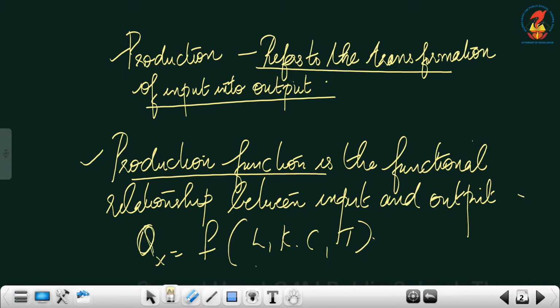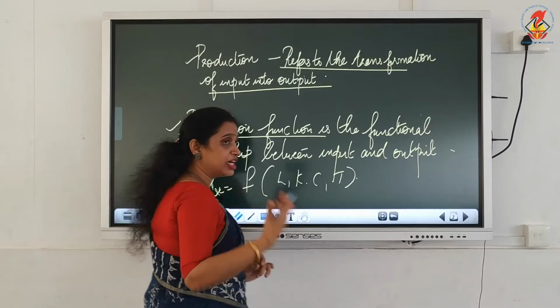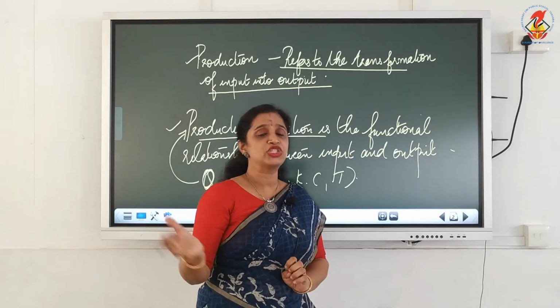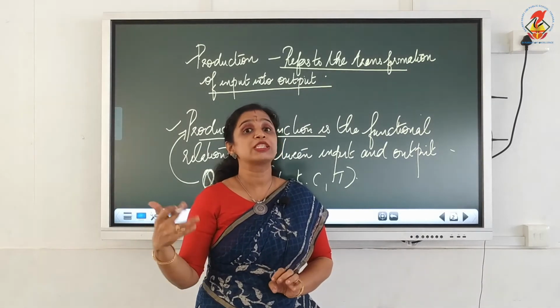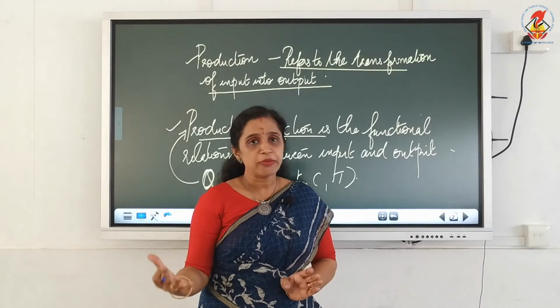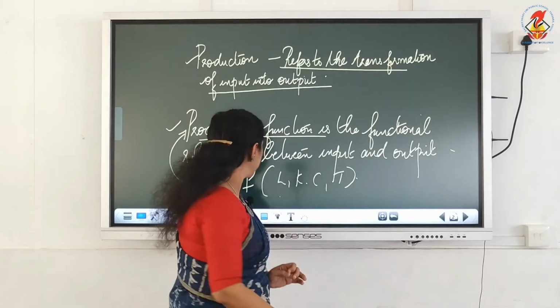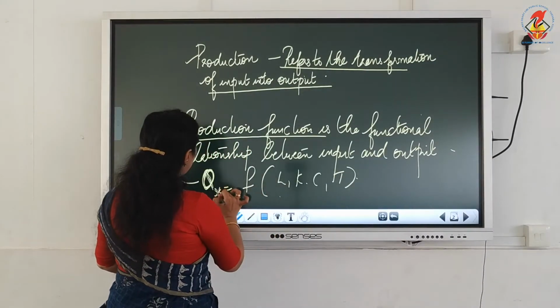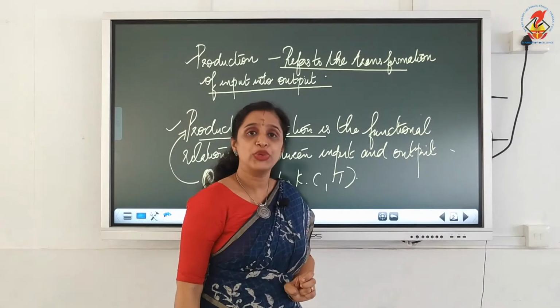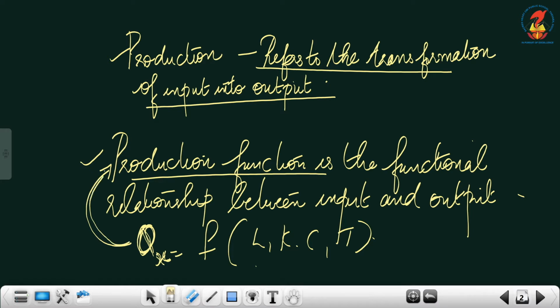Production Qx is represented as the production function here. In different textbooks it has been used in different ways. Sometimes it can be used as Px. That doesn't matter, we can use either Qx or Px or any way. In your textbook it is used as Qx. So Qx is the production function.